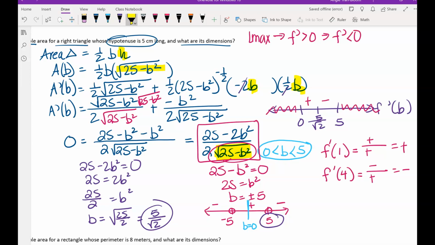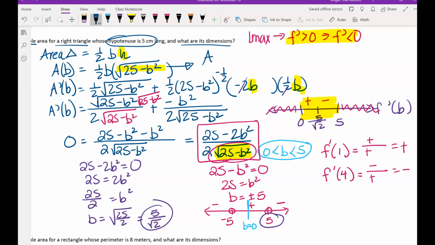Well, that is confirming this. See how the derivative changes from positive to negative? So we know for sure the absolute max is going to be 5 divided by rad 2. But now we have to plug it back in to get our answer.